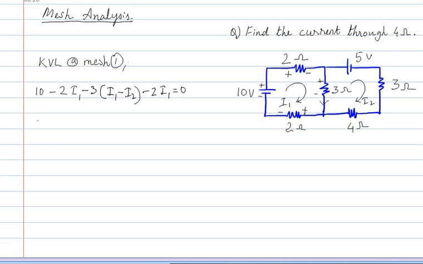So right now I am having 10, then with respect to I1 I am having minus 2, which belongs to this one.